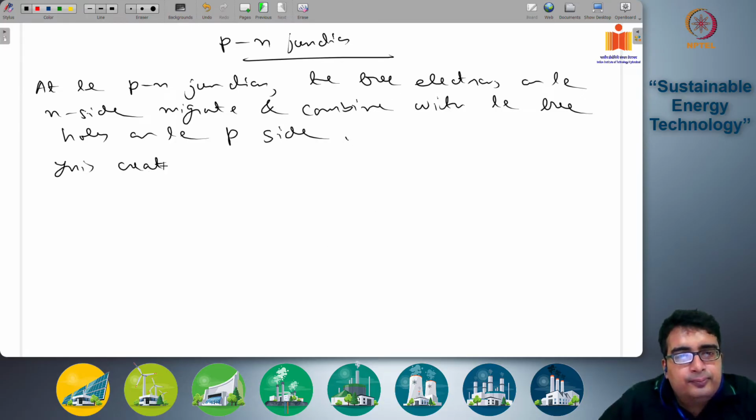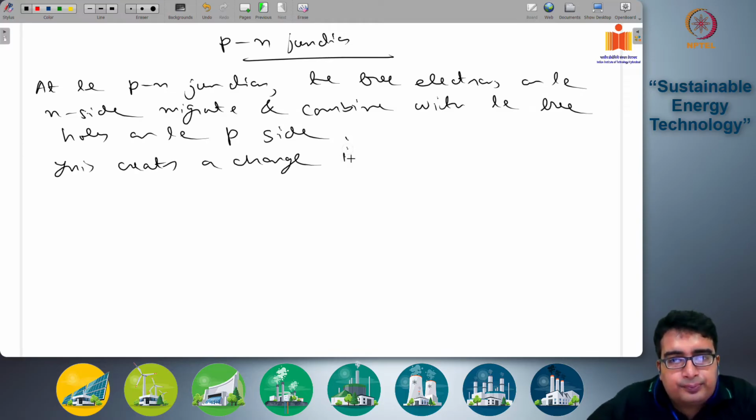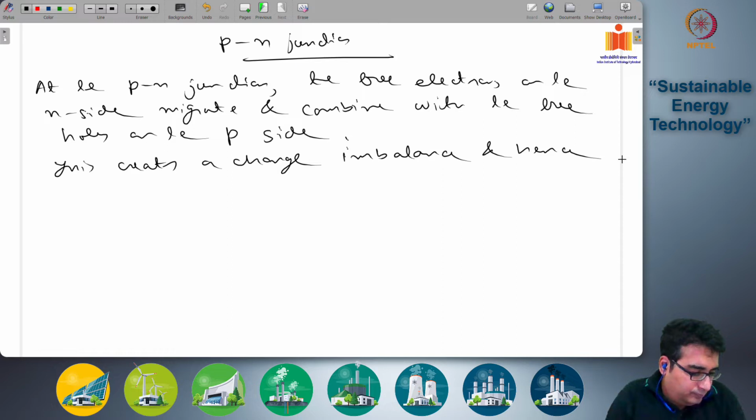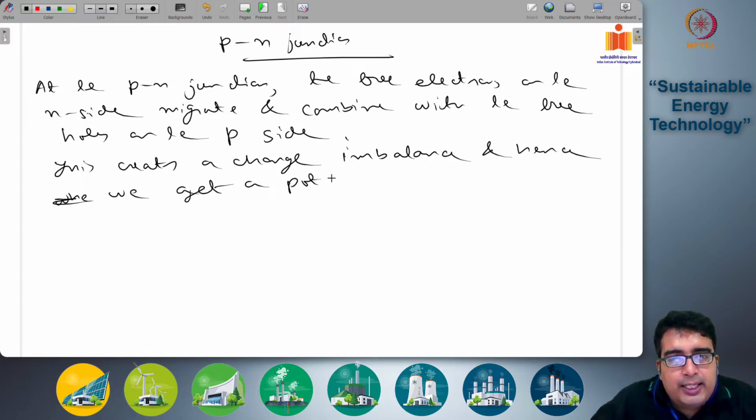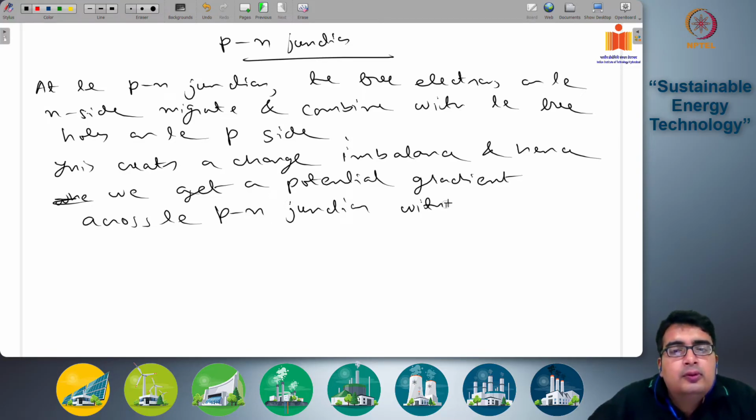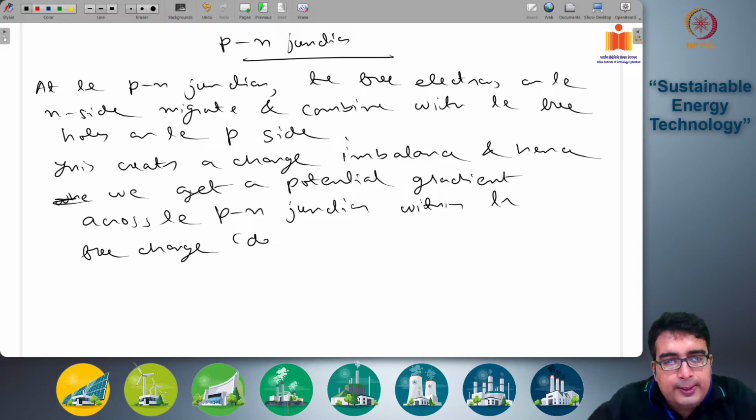This creates a charge imbalance and hence we get a potential gradient across the PN junction within the free charge depletion zone. Okay.